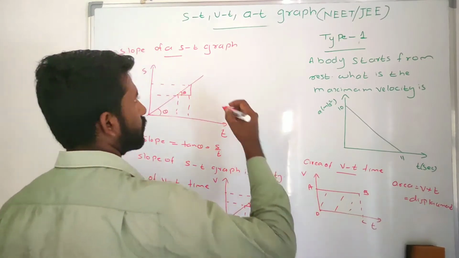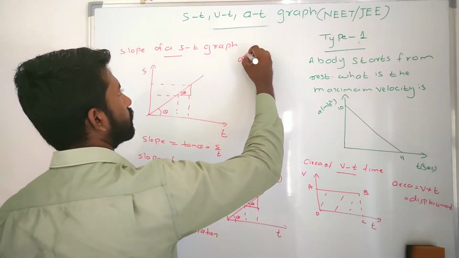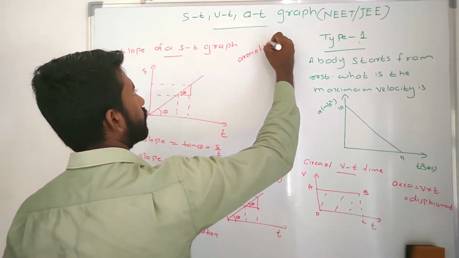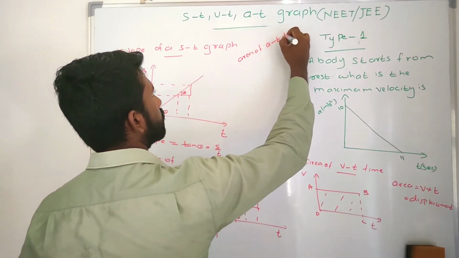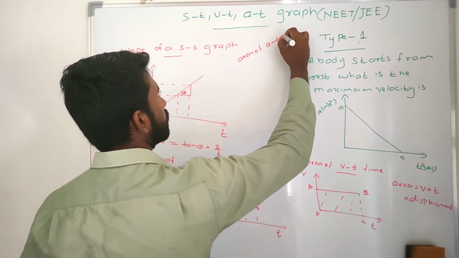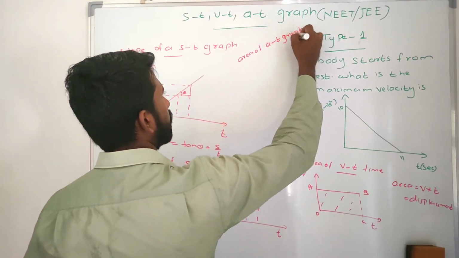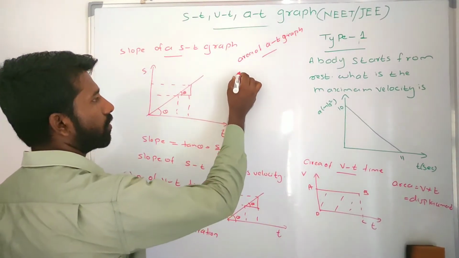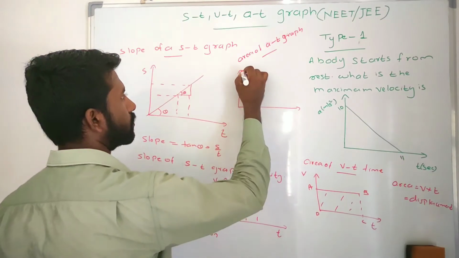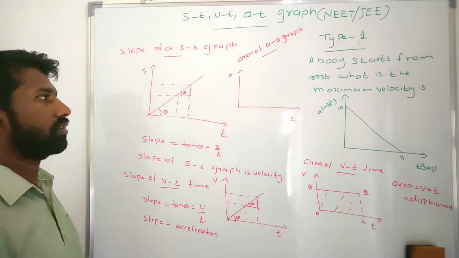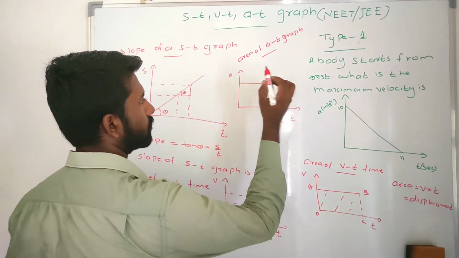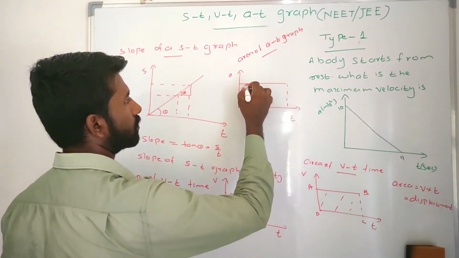Next, area of the acceleration-time graph. For a uniformly accelerated motion, the acceleration-time graph is a straight line parallel to the time axis, like this.